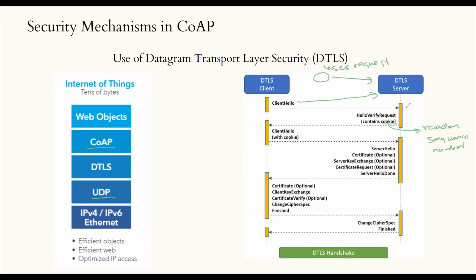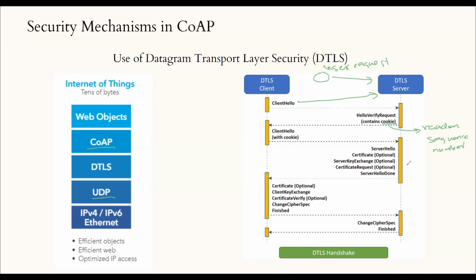So only the clients which use this CoAP protocol and the DTLS method to request data from the server, and which, after sending the request, have obtained the cookie and sent it back to the server, will be allowed to communicate with the server.